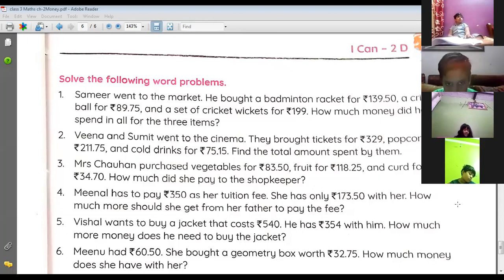Very good. Find the total amount spent by them.